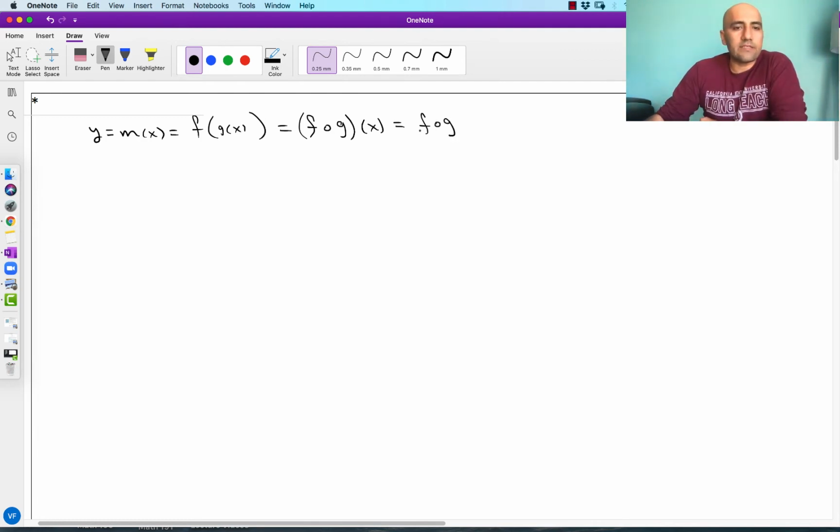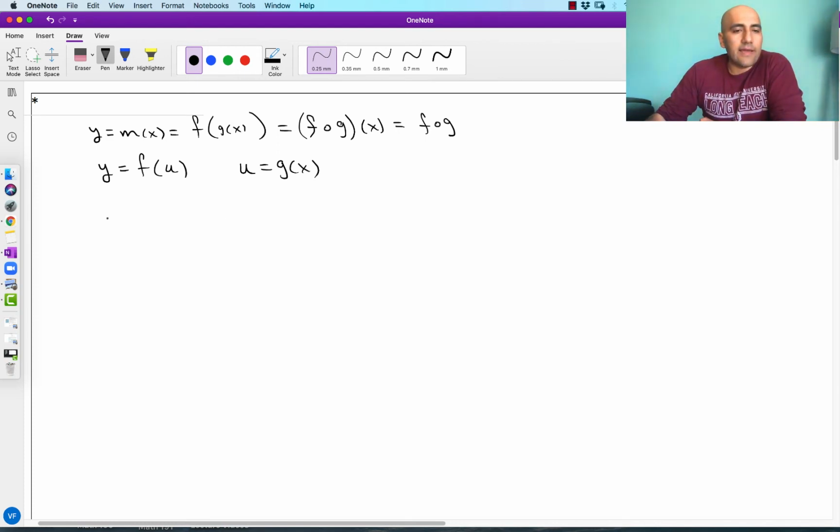Okay, all those things mean the same. So y is equal to f of u, where u can be thought of as this g of x. Okay, so composition of functions, we can think of it this way.